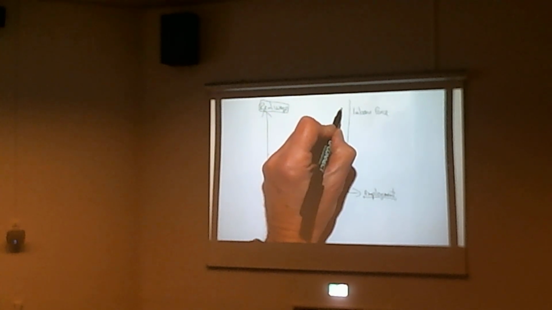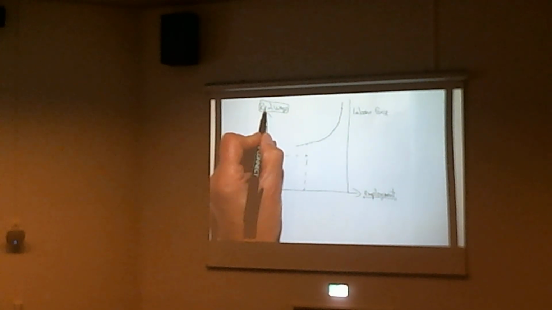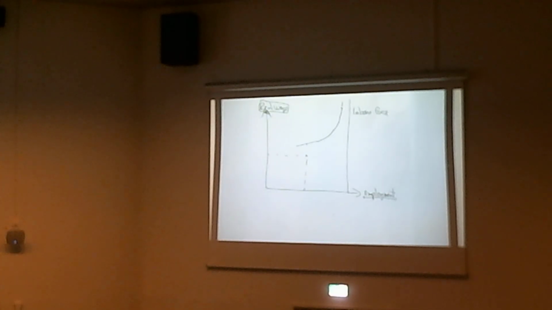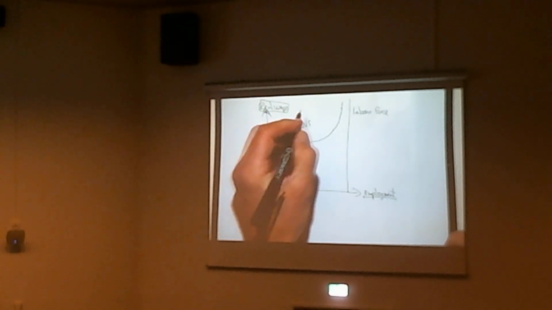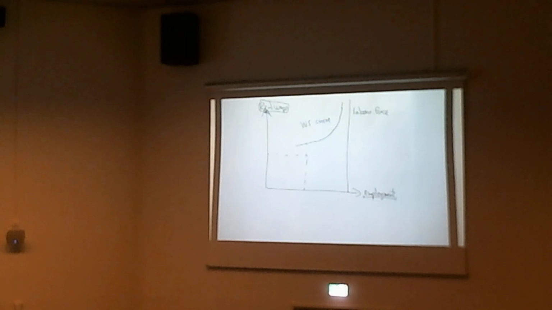If you continue up here, to a very, very high real wage, you will never get zero unemployment. So this is the WS curve going like this.